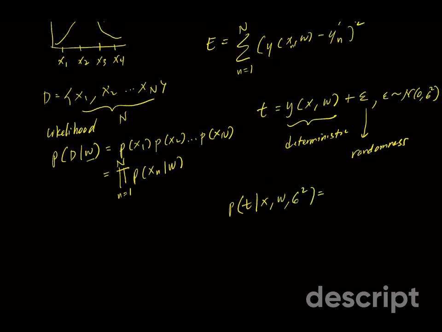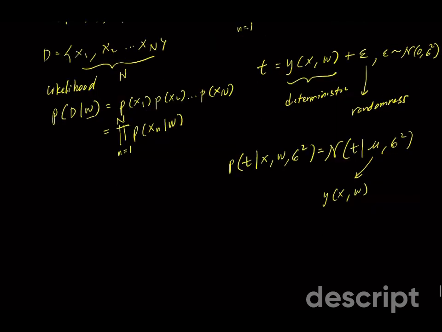It turns out that this is equal to the normal distribution of t conditioned on your mean and sigma squared, where in this case, your mean is now defined as y of x given your parameter w, and your variance is sigma squared. One interpretation of this is, say you're given your x here and your y there, and you're given this function y of x, w.